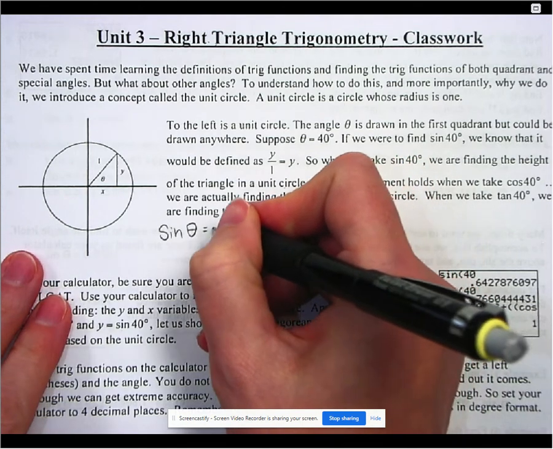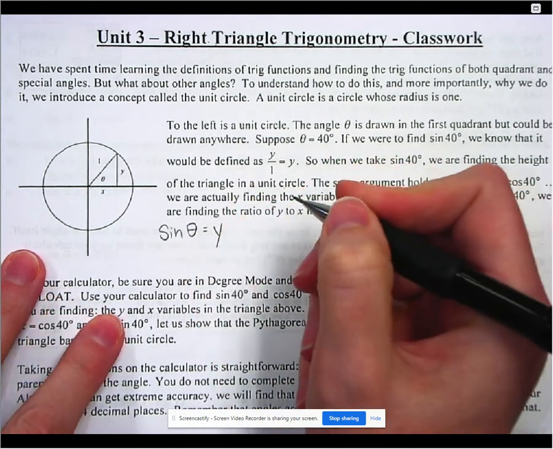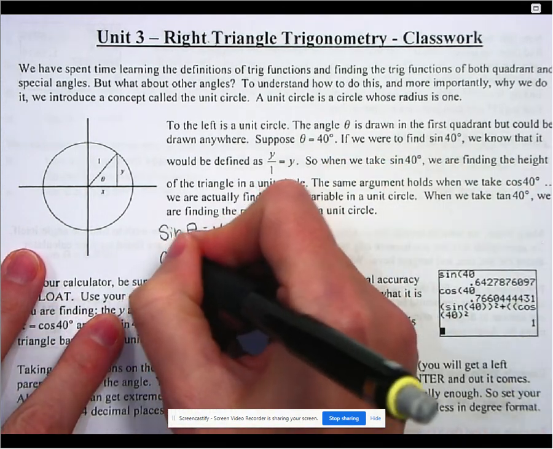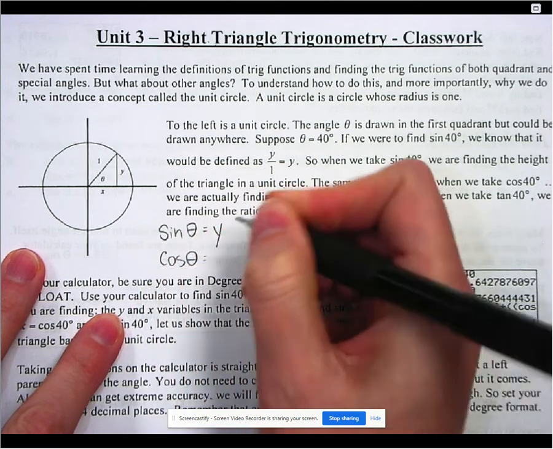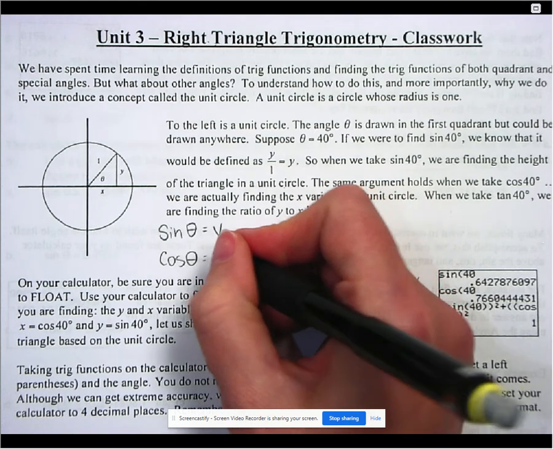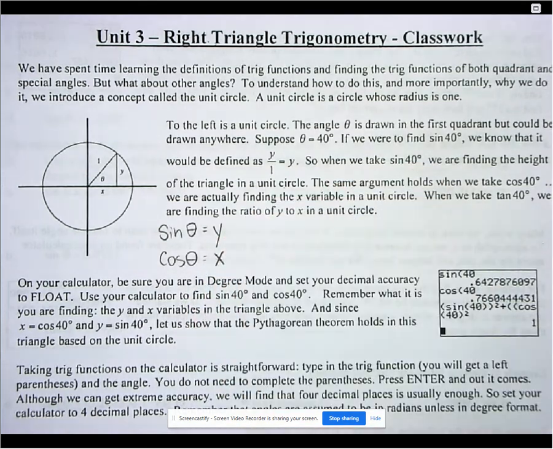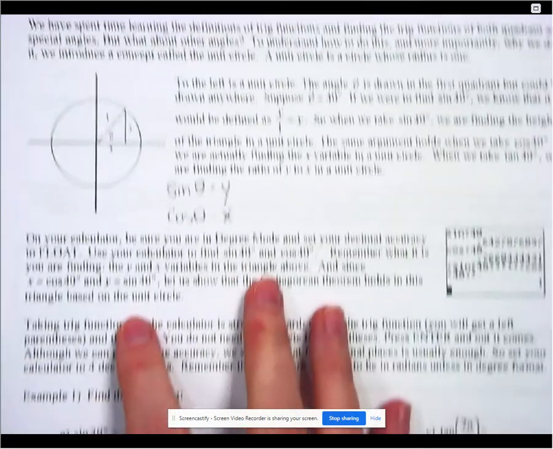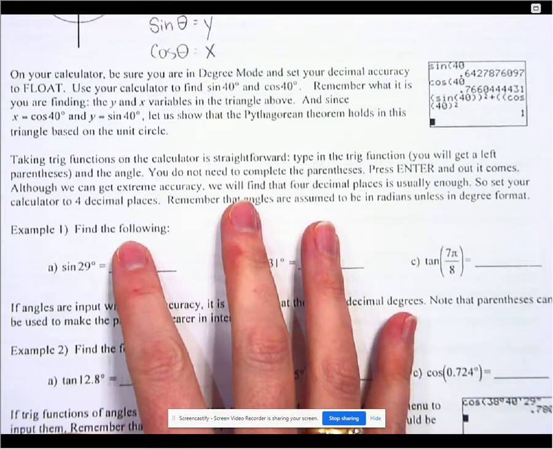We would just use whatever that y coordinate was. And then if we were doing the cosine, same thing, because r is 1, we don't have to do x divided by 1. We would just use the x coordinate. So we'll come back to the unit circle later, but it just kind of throws that in there, not really sure why, but that's okay.